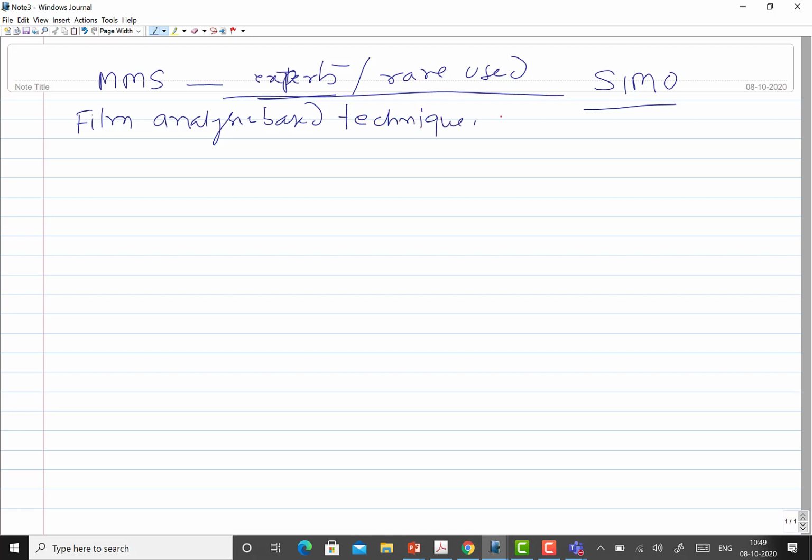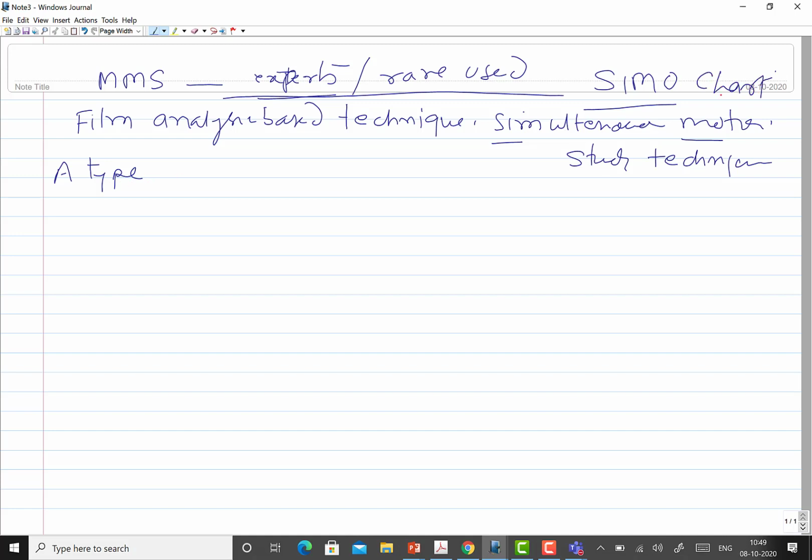SIMO stands for simultaneous motion study technique. So there is a SIMO chart, simultaneous motion chart.